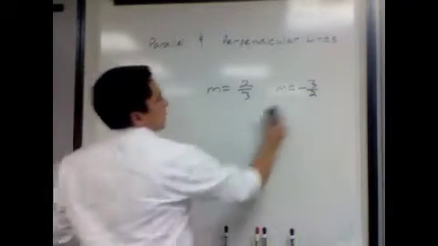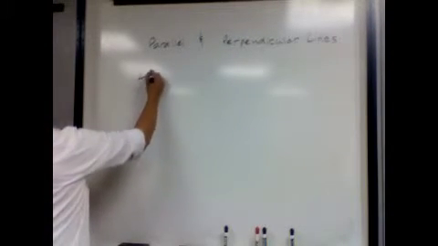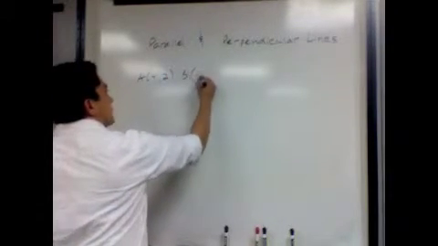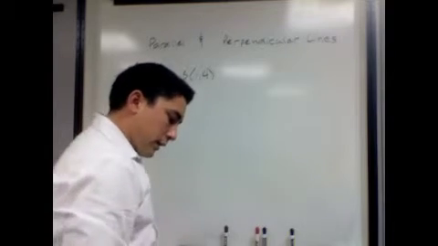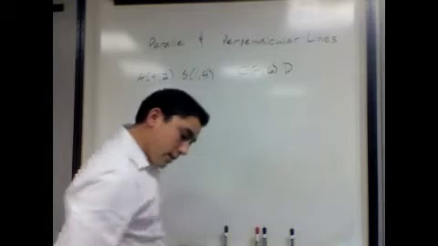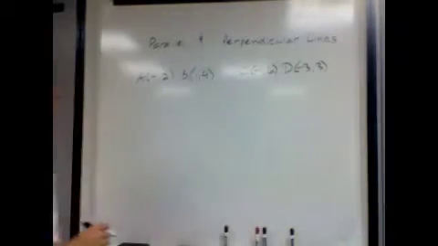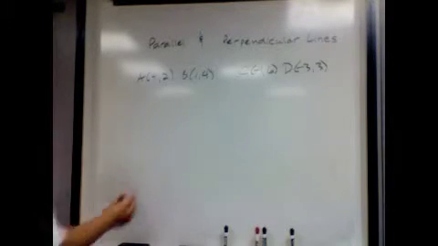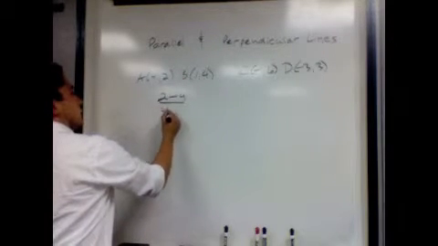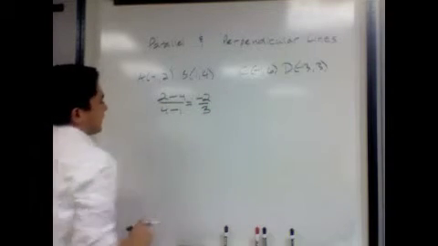So let's do an example. We're going to look at one line that crosses through 4/2 and 1/4, and the other line crosses through negative 1/6 and negative 3/3. Okay? So again, we do slope: 2 minus 4 over 4 minus 1, which gives us negative 2 over 3.